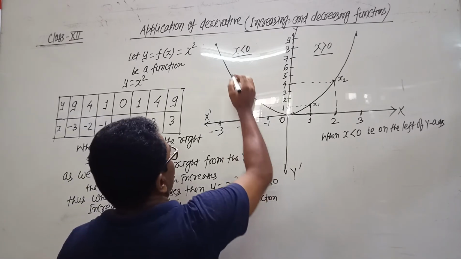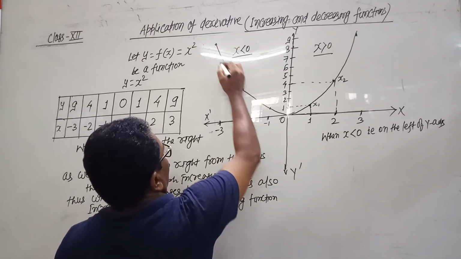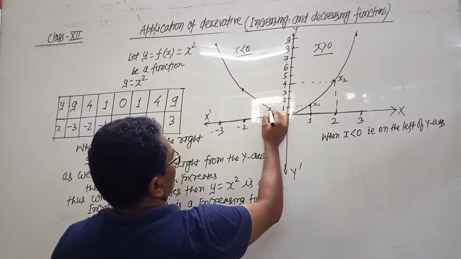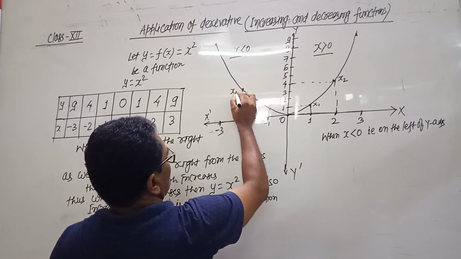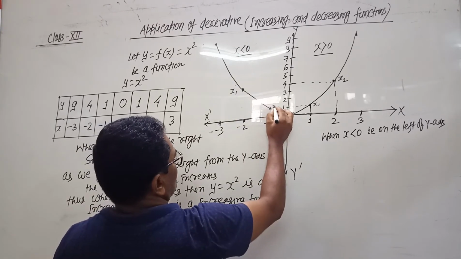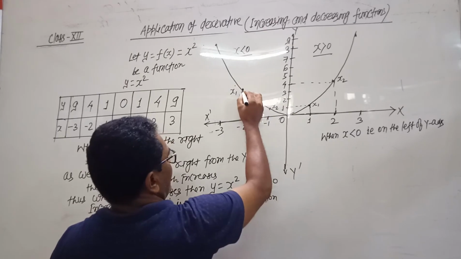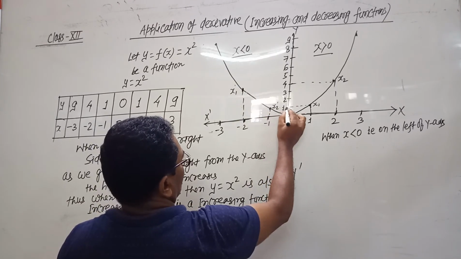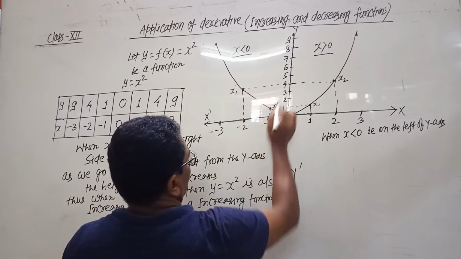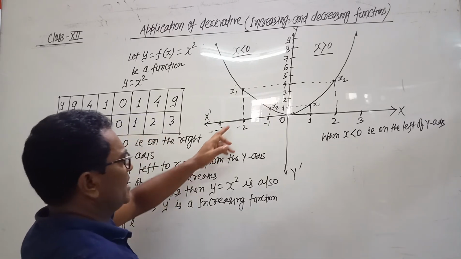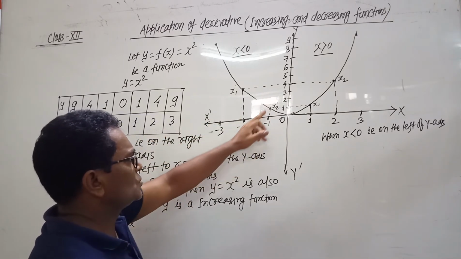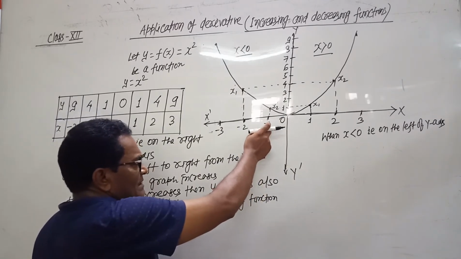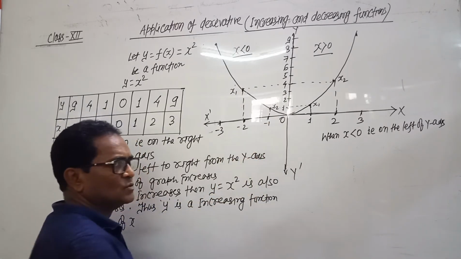Suppose we take 2 points on the graph and name them x1 dash and x2 dash. So x1 dash is -2, x2 dash is -1, and -1 is greater than -2.